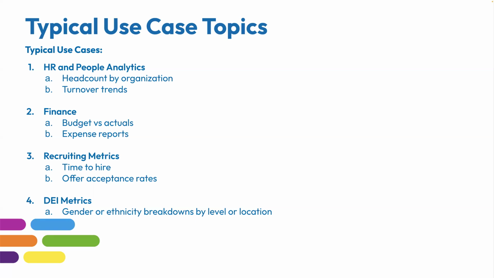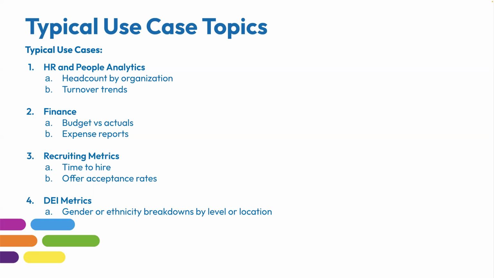A couple typical use case topics just to get you brainstorming of how you could use this to benefit you. We see a lot for HR and people analytics data, so any kind of headcount or turnover trends. It's a really good way to use this. You can also use it in the finance realm for budget versus actuals or expense reports.